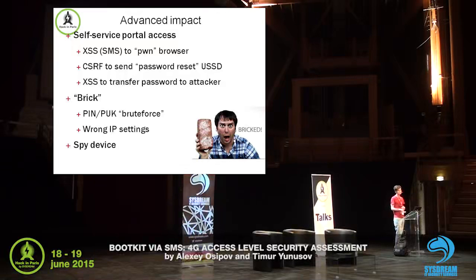Also, a very simple denial of service attack when you send 3 requests with invalid PIN to this window. Then you send 10 invalid unlock codes and make a brick from the SIM card. Or you simply can change the IP settings and also brick the device.